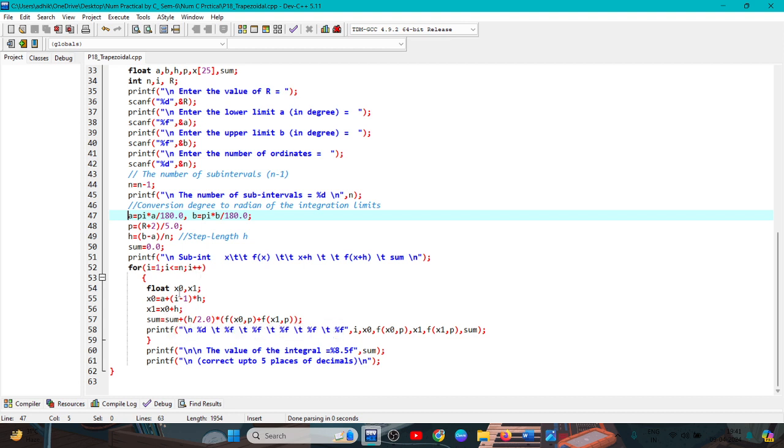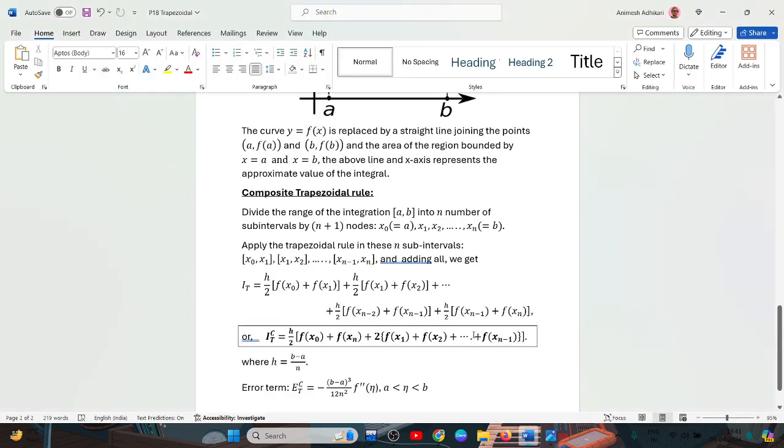Previous sum means the sum in the previous subinterval, x0 to x1, plus h by 2 fx1 plus fx2. So we get the previous sum plus this new sum. So the total new sum is this plus this: the subinterval x0 to x1, and this sum is x1 to x2.